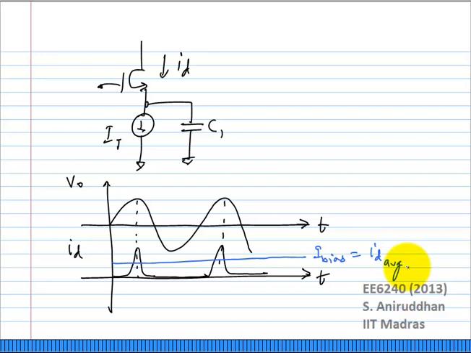Because the current spikes are coincident with the peaks of the voltage waveform, you will find that the noise from the transistor is also injected at these points. Obviously the noise depends on the current through the transistor, right? And you will find that noise is also injected into the tank from the transistor at these exact points.